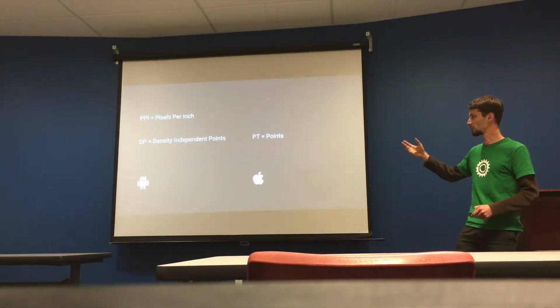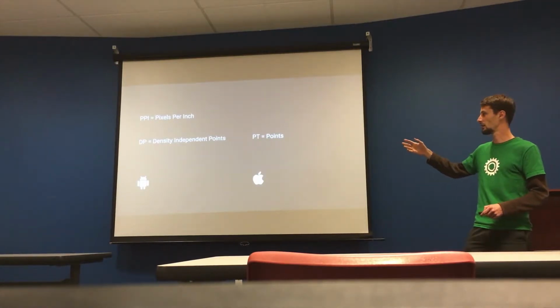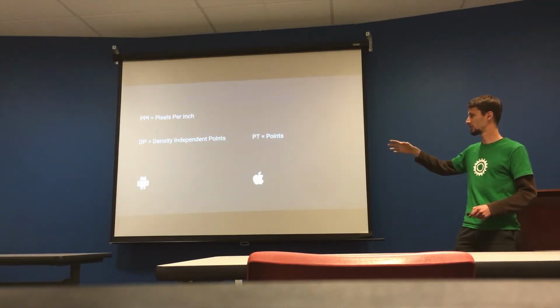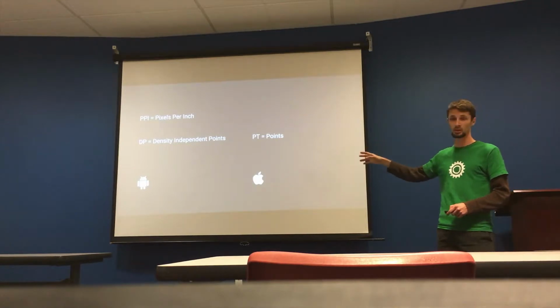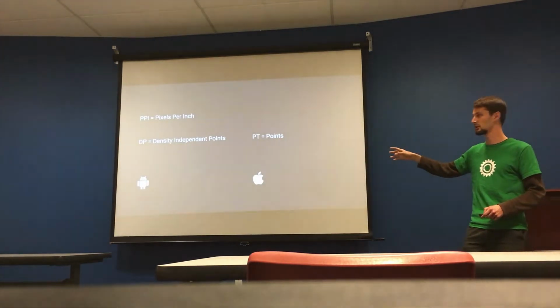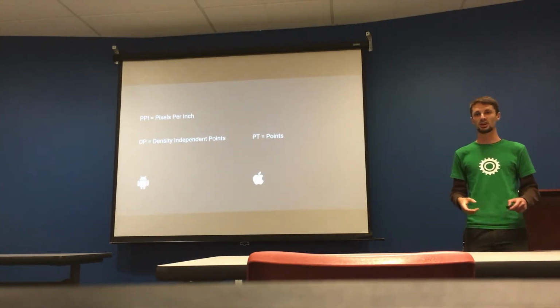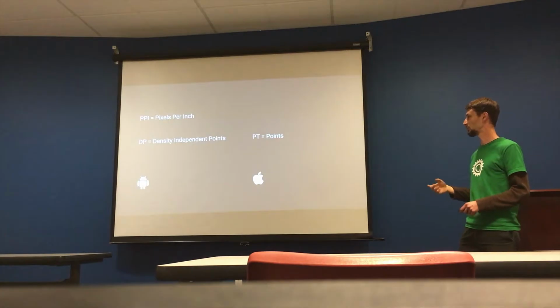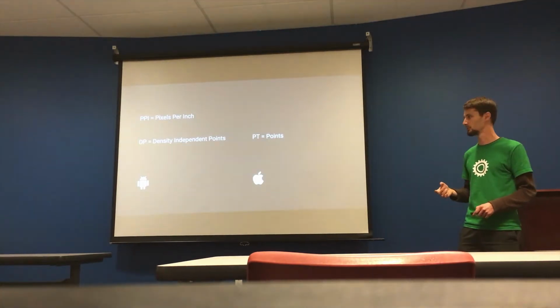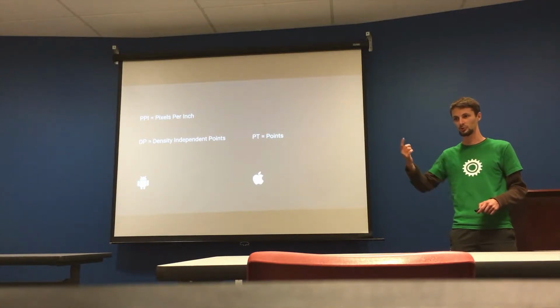Now, these platforms are based on a PPI system, pixels per inch. With Android, they use DP, which stands for density independent pixels, and iOS uses PT, which means points, right? So the basic concept is, on a very low-end phone, you have DP or PT of 1-to-1, right? So one digital point, like in your file, equals 1 pixel.